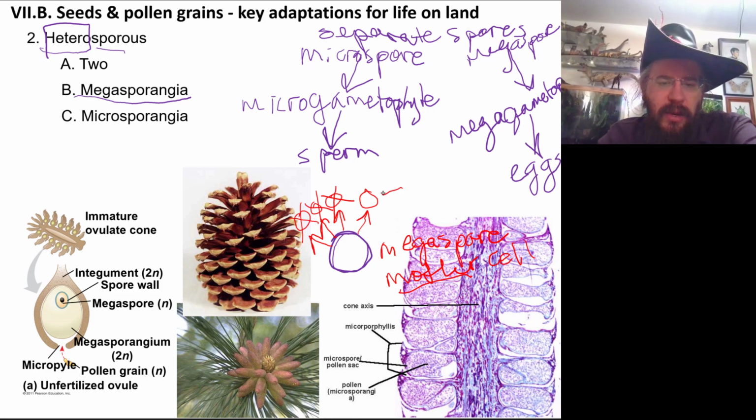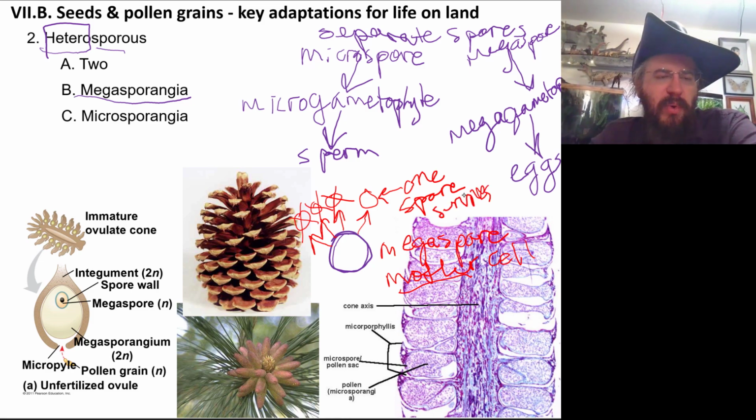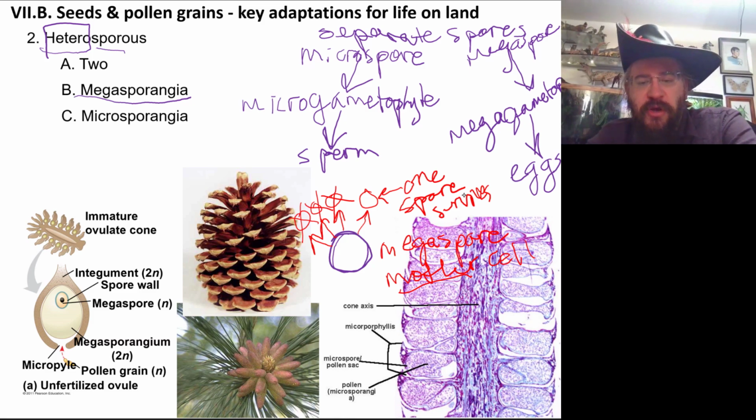Only 1 spore survives. 4 spores enter, 1 spore survives. It's the Thunderdome of Megasporangia, the Megasporangia Thunderdome.